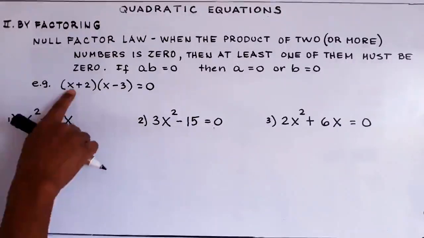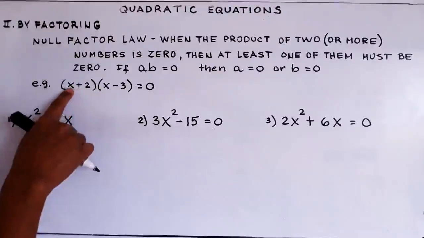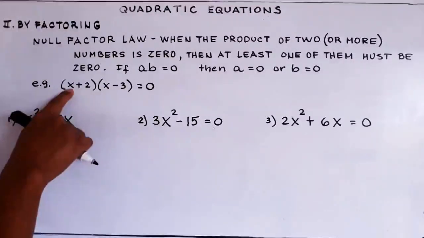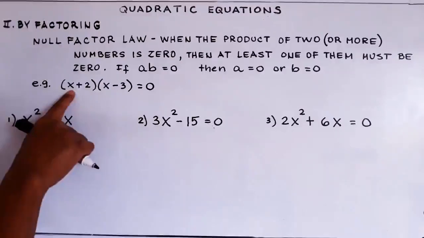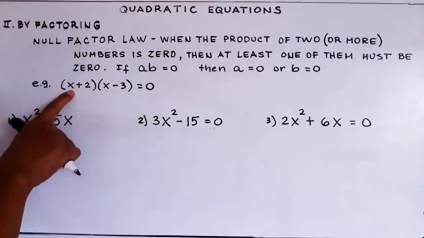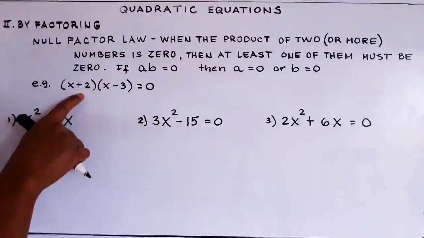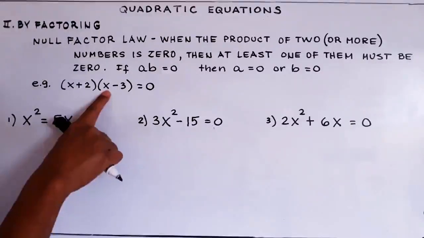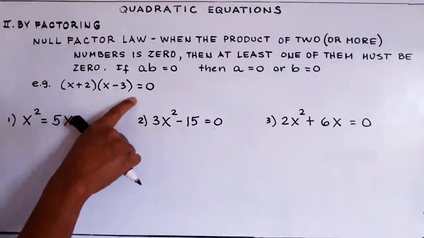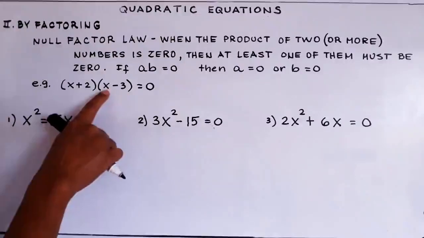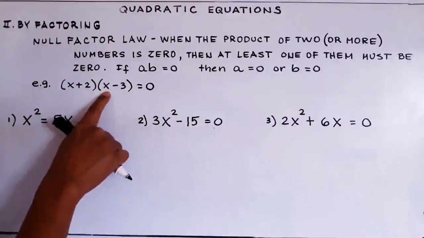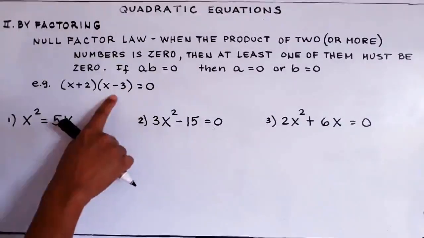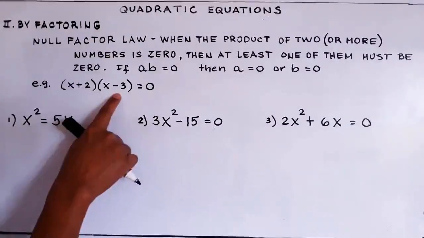So here, if you want this one to become 0, what is the value of x? The value of x must be negative 2, right? Because negative 2 plus 2 is equal to 0. Here, what must be the value of x to make x minus 3 equal to 0? The value of x must be positive 3, because 3 minus 3 is equal to 0.